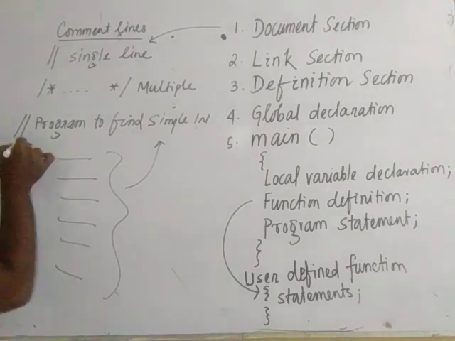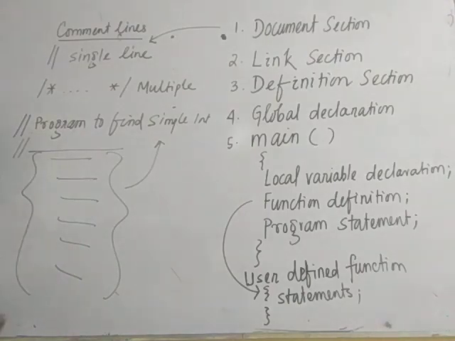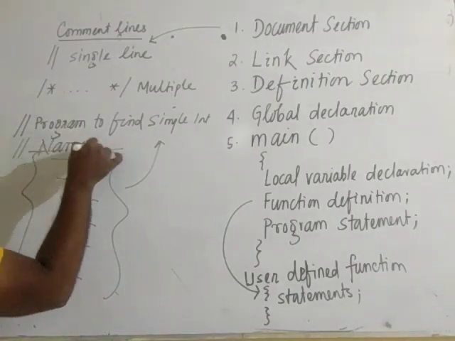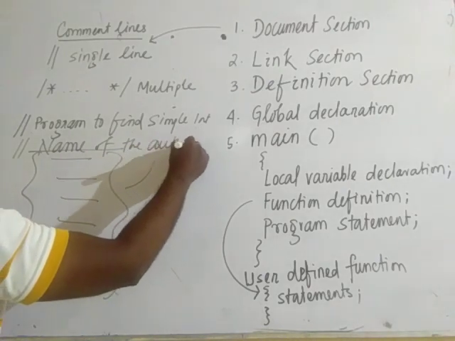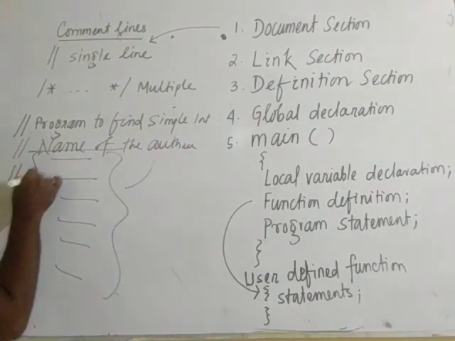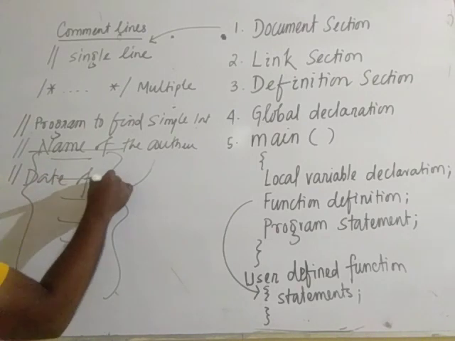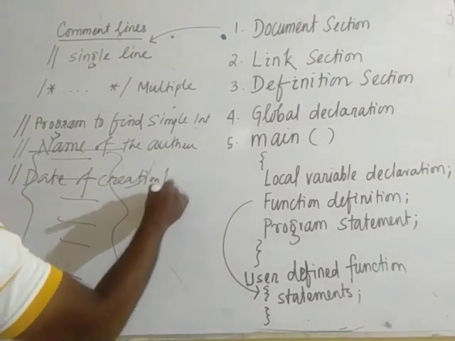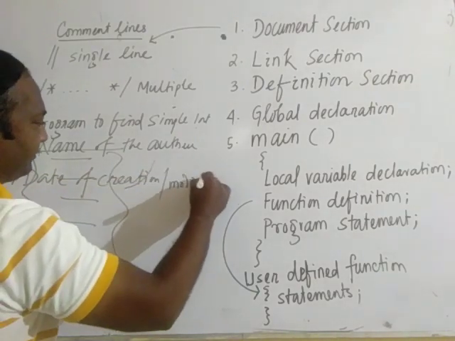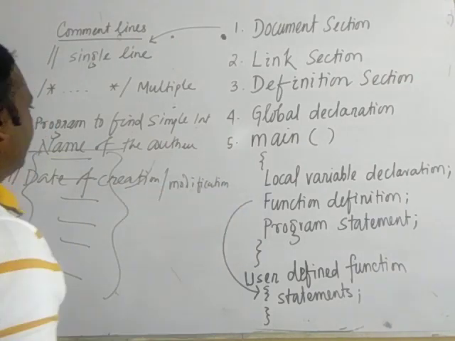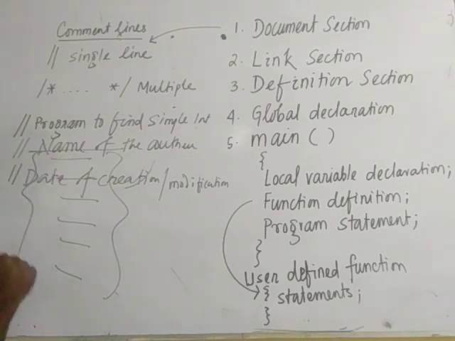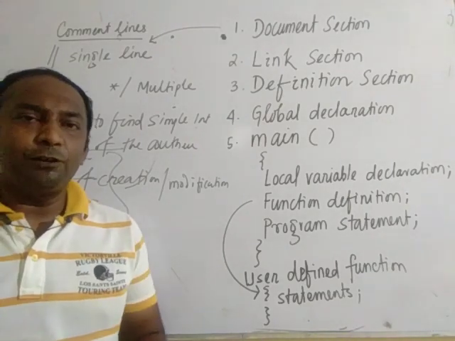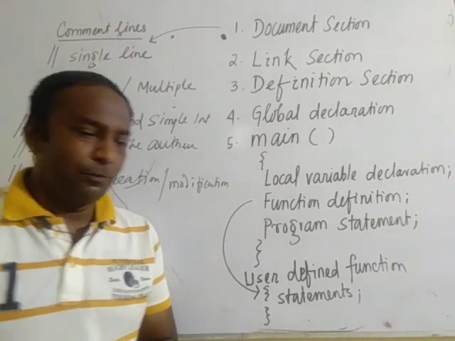We can also mention our name here, the name of the author who created the program, or we can write the date of creation or date of modification. All these things we can mention here. So it consists of the name of the program, the name of the author, or the date of modification or creation.